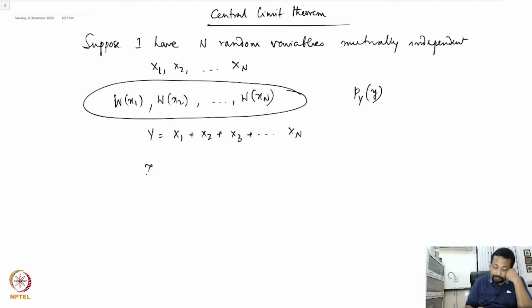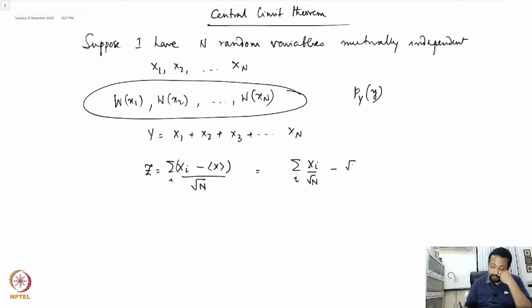Now for that, let's construct this variable z, which is the sum over i of (xi minus average of x) divided by square root n. If you just expand this, this becomes the sum of xi over square root n minus square root n times average x, which is nothing but y over square root n minus square root n times average x.